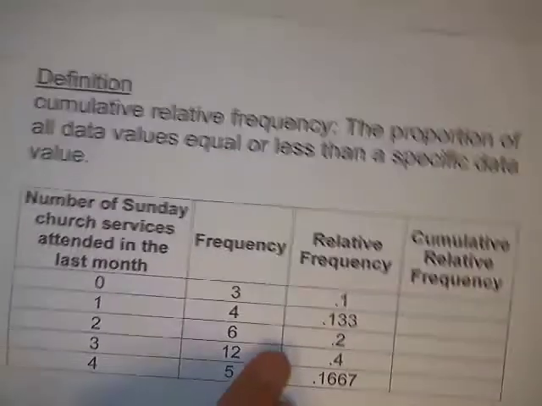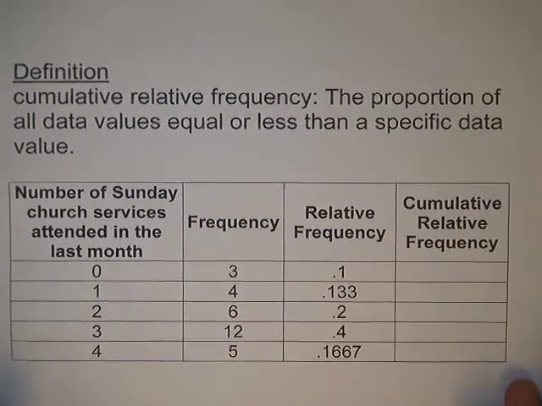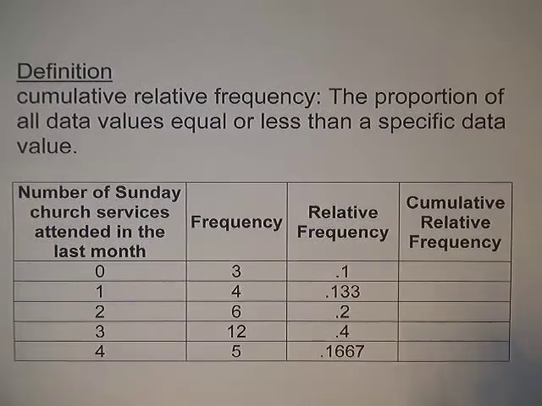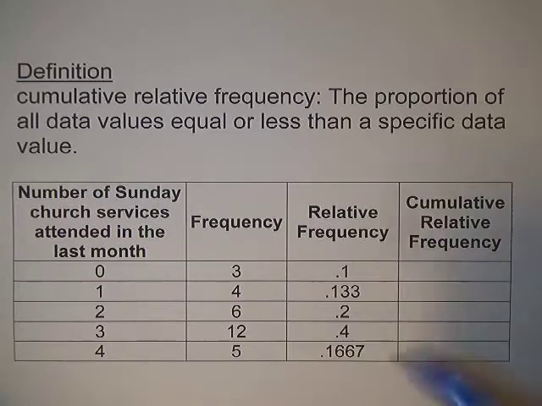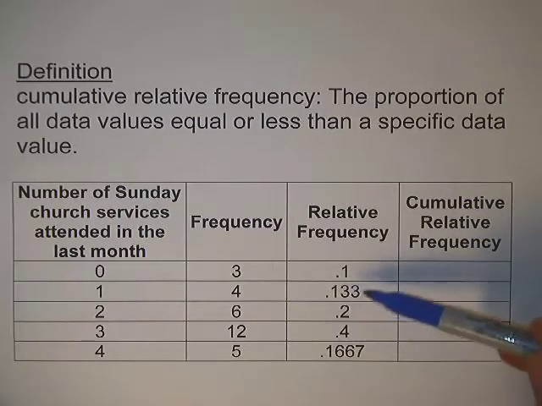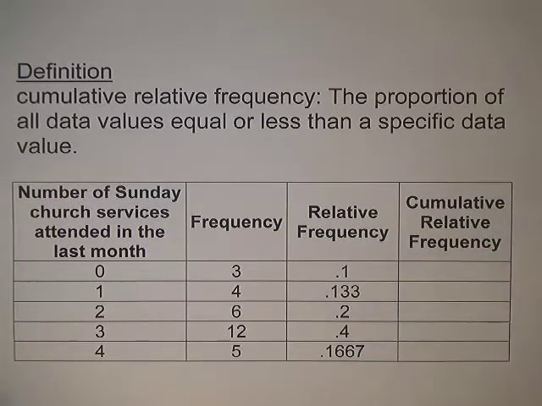Now we have another calculation called cumulative relative frequency. We need to use the relative frequency values, the same as what we had just calculated, and now I've added a column for cumulative relative frequency. Cumulative relative frequency is calculated the same way that cumulative frequency was, except now we're adding up the relative frequencies.